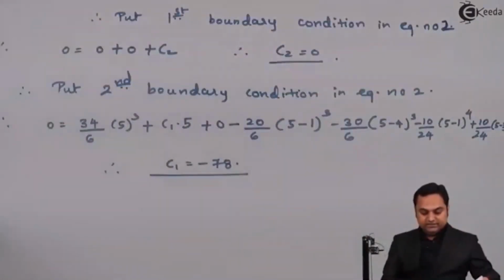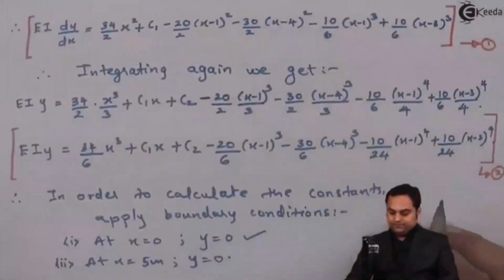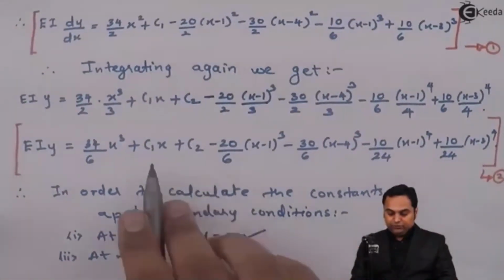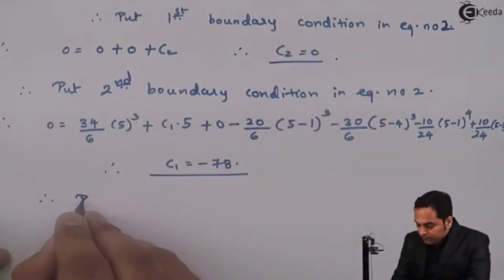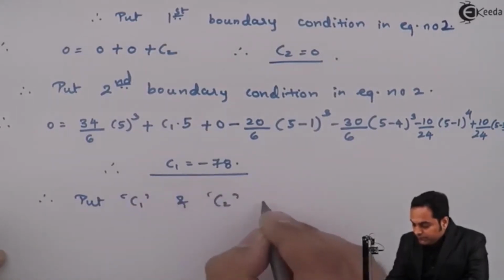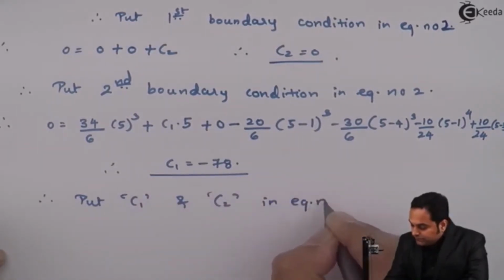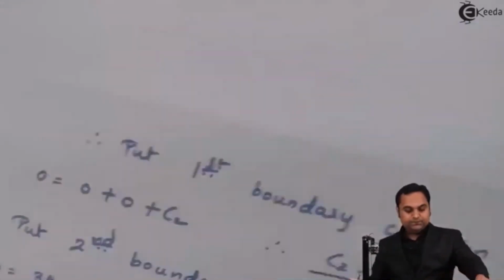So here I'll say that deflection we are getting in equation number second. So here we need to put C1, C2 values. So I'll say that therefore put C1 and C2 in equation number second. So I am putting the values in equation second.